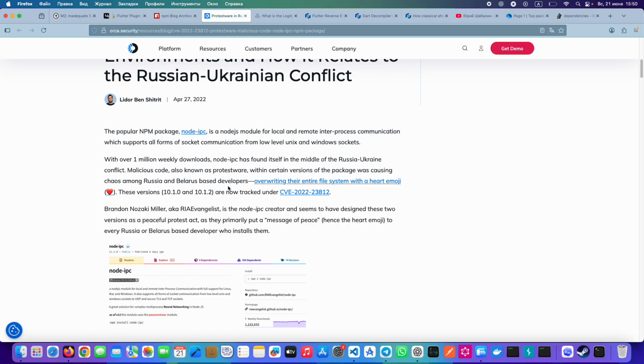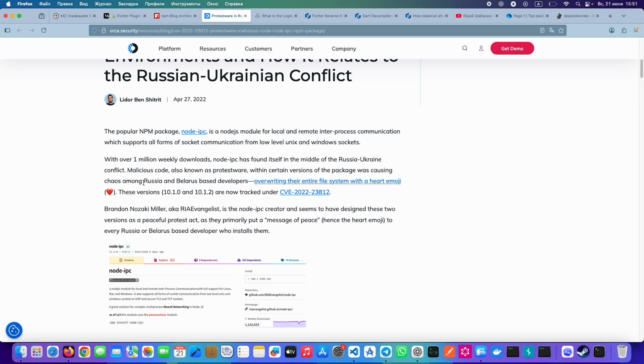Everybody who tried to install this package had it recursively go through all files and folders on their PC and rewrite every name of your folders and everything inside with the symbol of a heart. But it was not related to everybody.